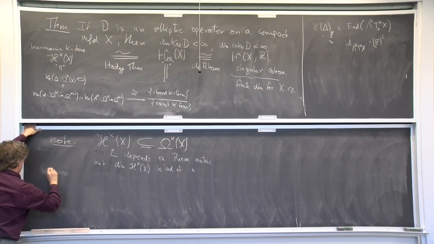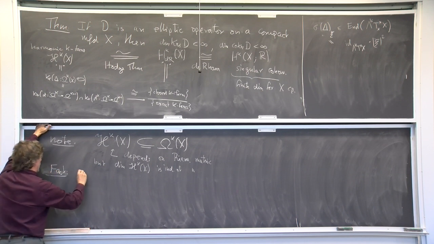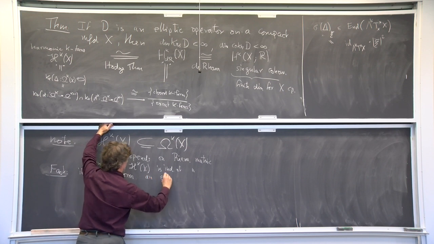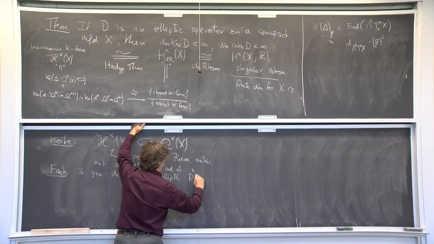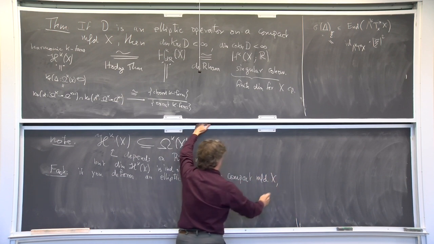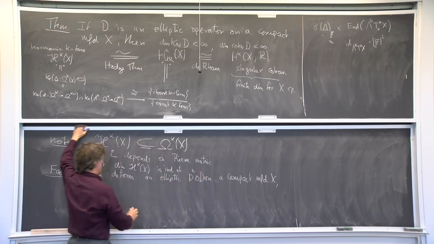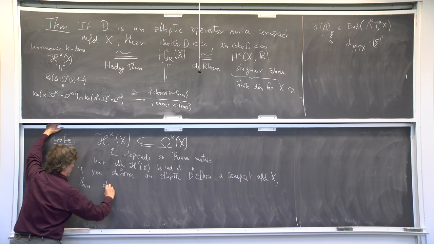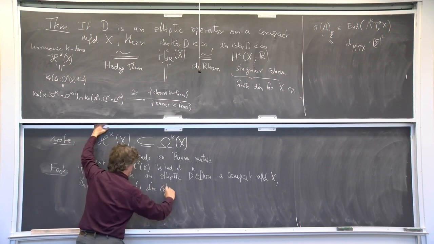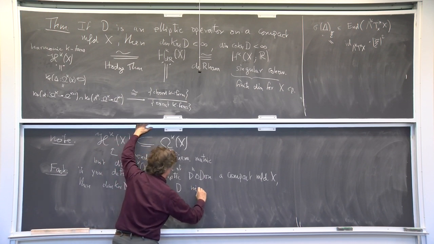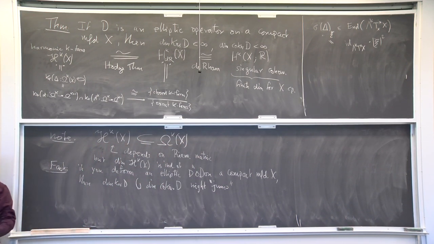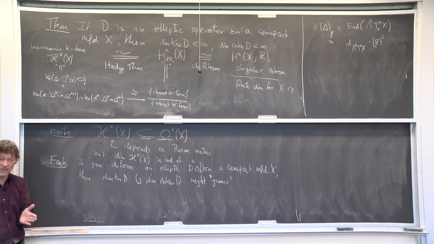An important fact: if you deform an elliptic differential operator on a compact manifold, let me call that D, then the dimension of the kernel of D and the dimension of the co-kernel of D might jump. They can change. Even if you continue to deform it, the dimension does not stay the same.